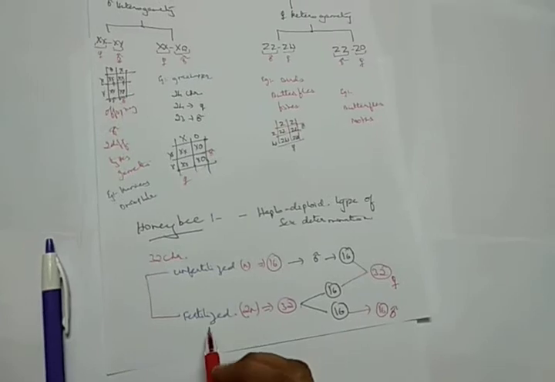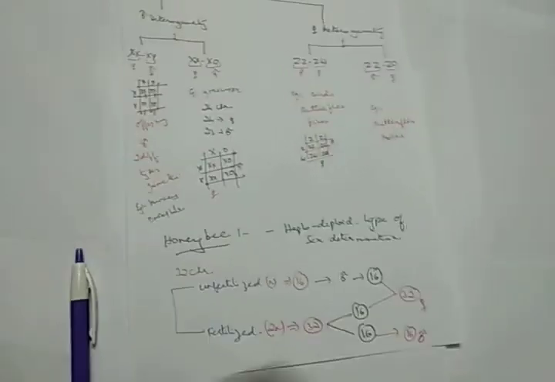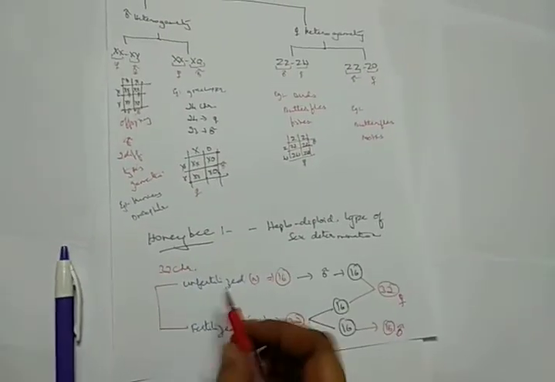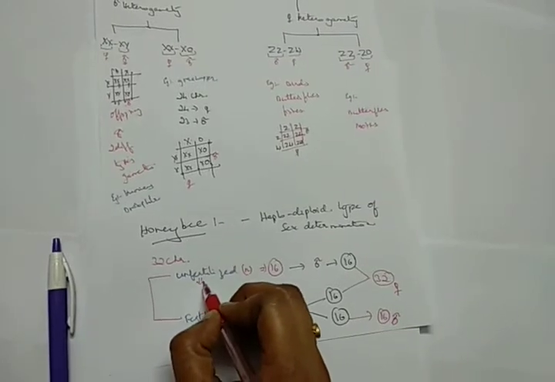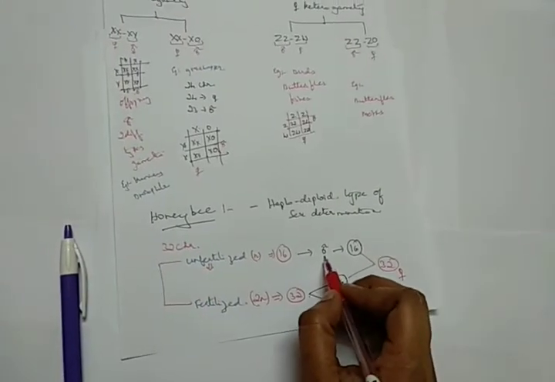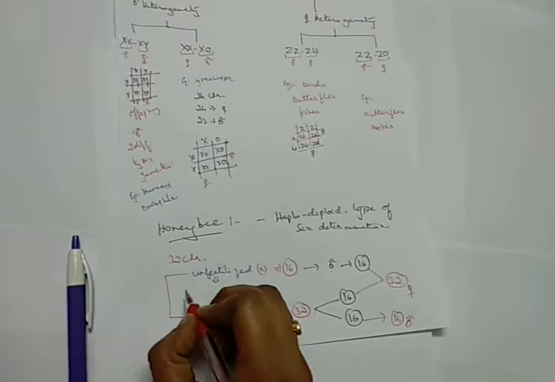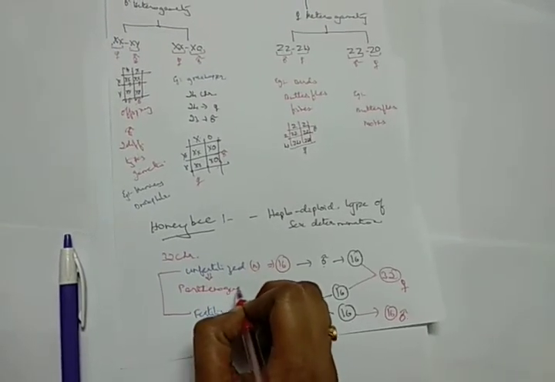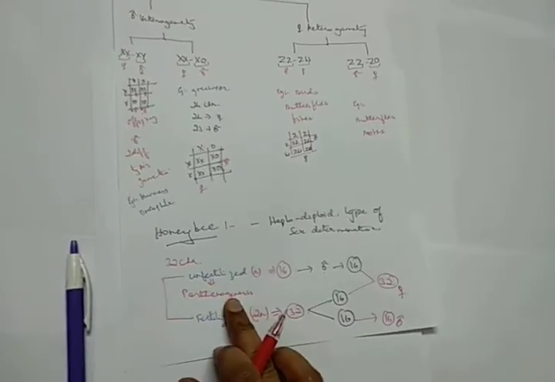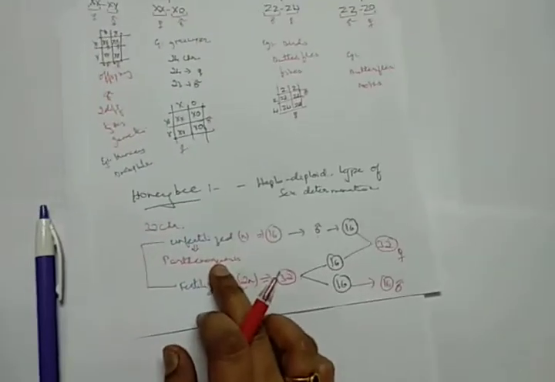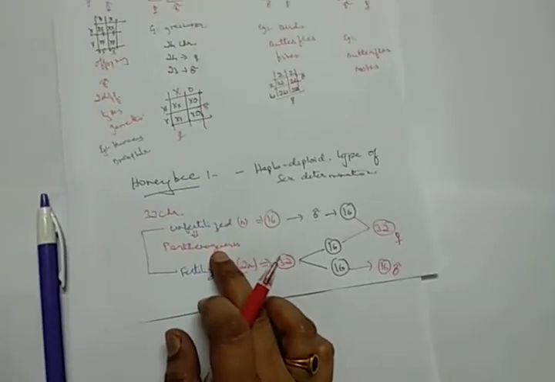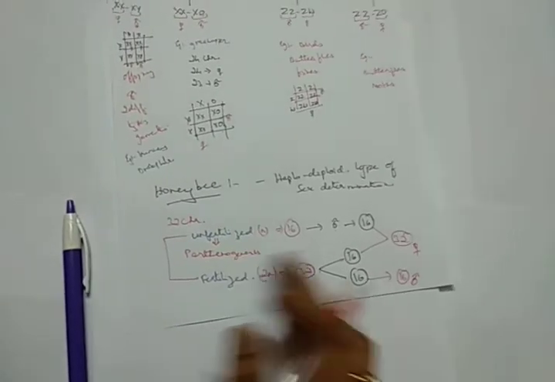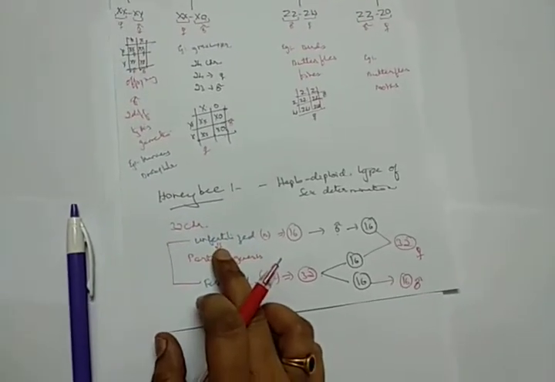This type of unfertilized egg developing into a male, the process is called parthenogenesis. So parthenogenesis means the development of the organism, that is the male organism, takes place without the fertilization process.